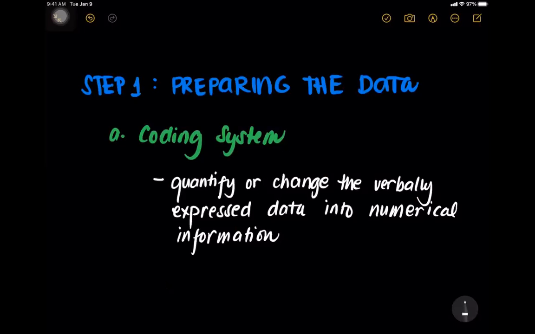Hence, we prepare the data for analysis by first doing these two preparatory substeps.